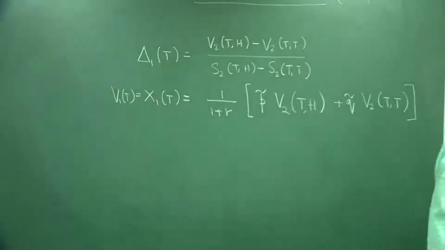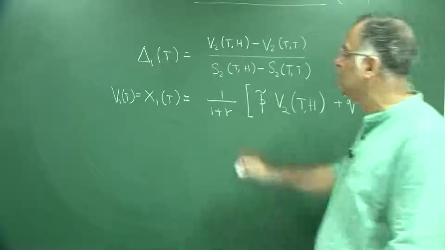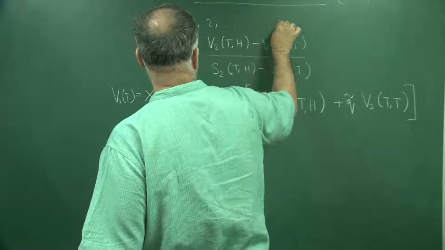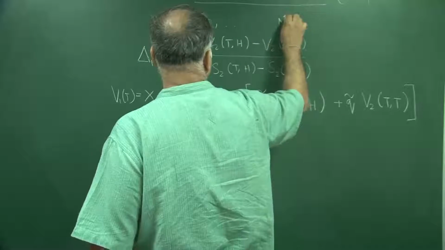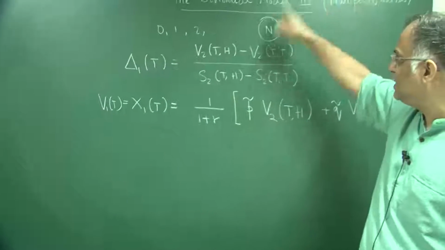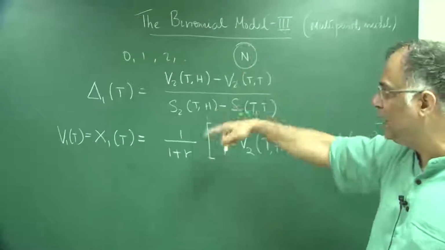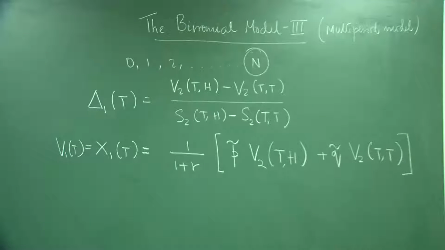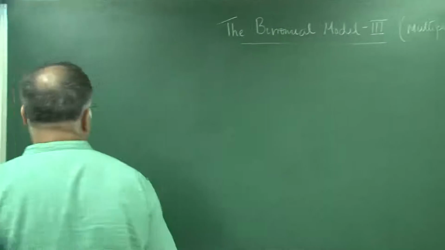Now, I will write down the case for the nth period. If there are capital N periods, starting with the 0th period, 1, 2, these are the periods. So, the expiry time of my contract is N. You can exercise the option only at time t equal to N, and then what is the price of that option is what we are going to calculate now. So, now we are going to write the general formula for replication in the multi-period model.